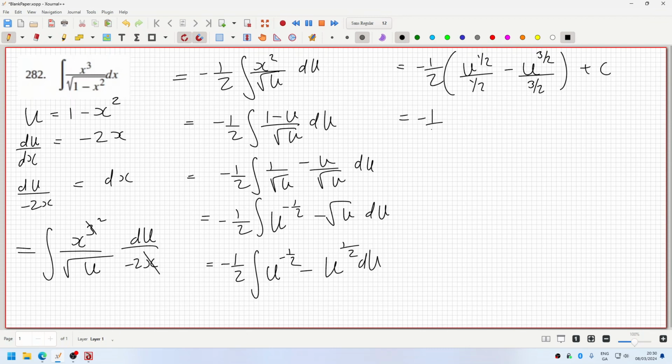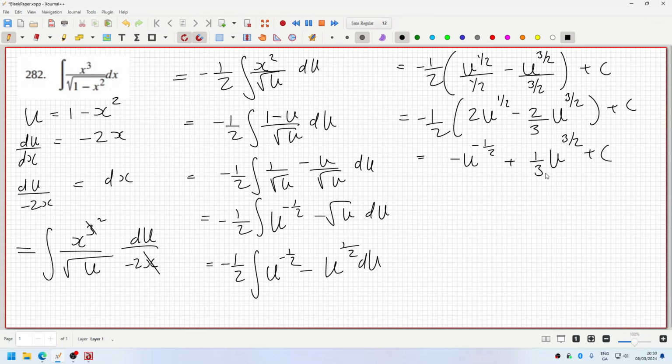So that's minus a half, 2u power a half minus 2 over 3 u power 3 over 2 plus c. So that would be minus u power a half plus 1 over 3 u power 3 over 2 plus c.